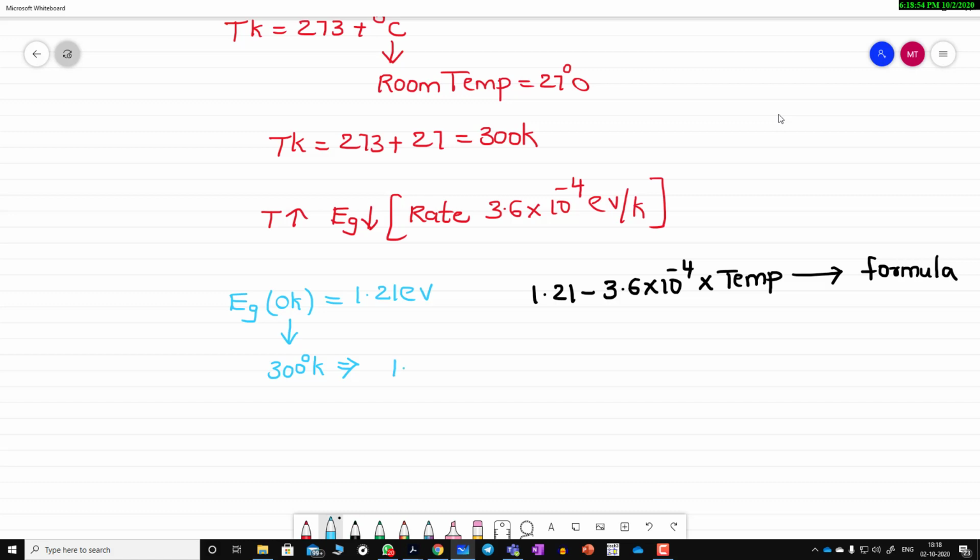Here temperature is 300. Once you solve this, you will get the answer as 1.1 electron volt. Therefore at 300 degree Kelvin the energy band gap Eg is 1.1 electron volt.